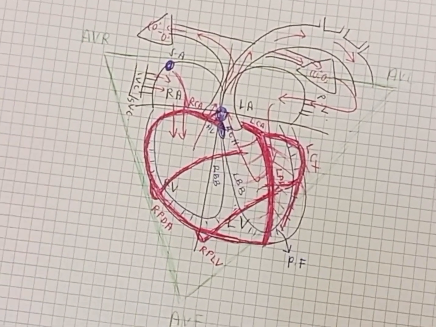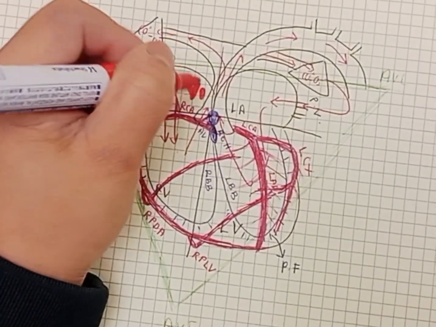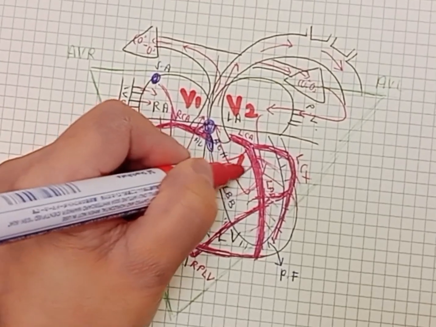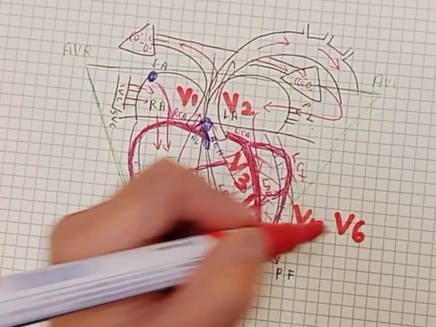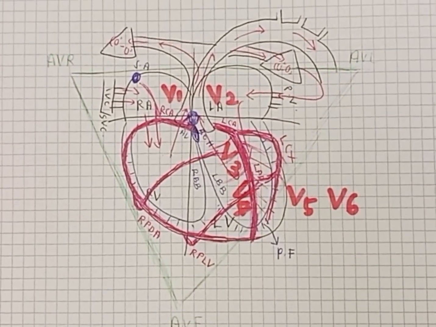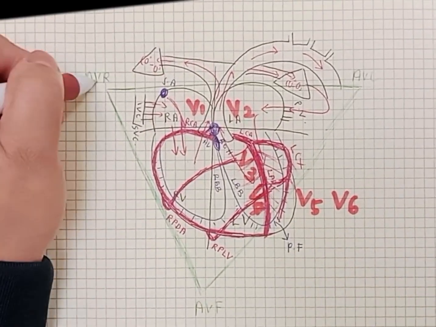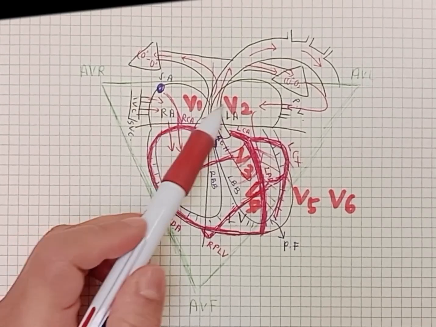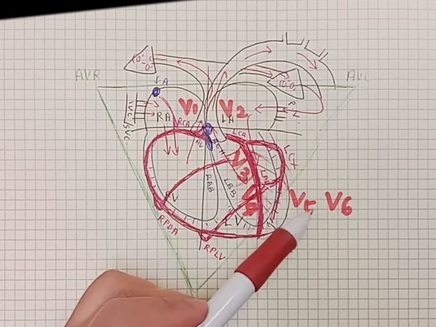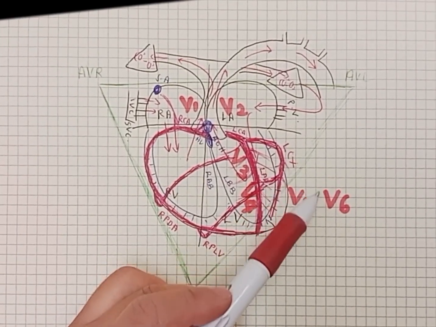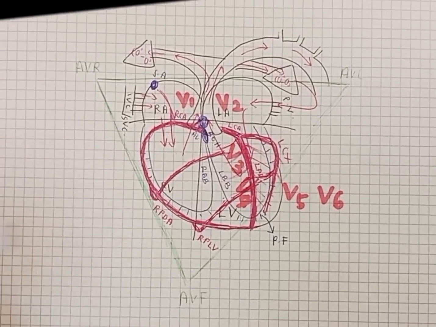Now we have V1, V2, V3, V4, V5, V6. So this is our 12-lead ECG, where we put 10 electrodes on the patient's body. This is aVR, aVL, aVF. V1 and V2 are over the septal part, V3 and V4 the anterior part of the left ventricle, and V5 and V6 the lateral side of the heart.